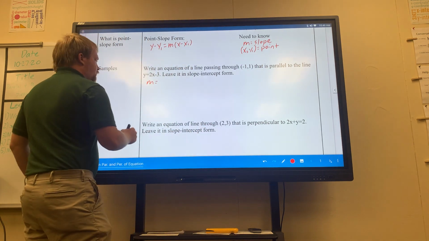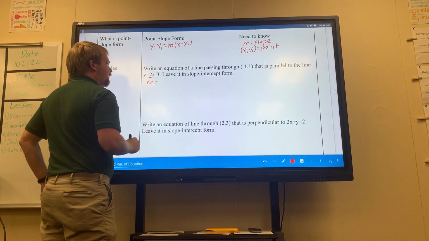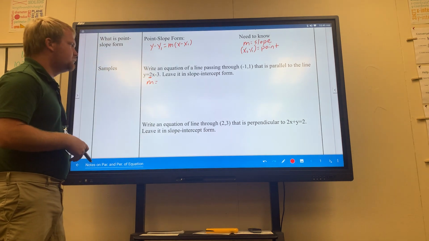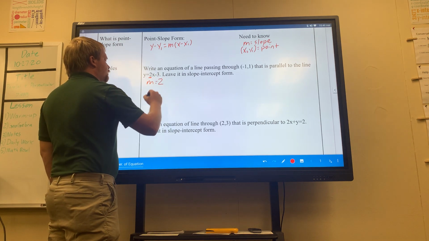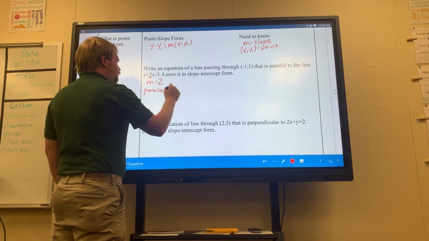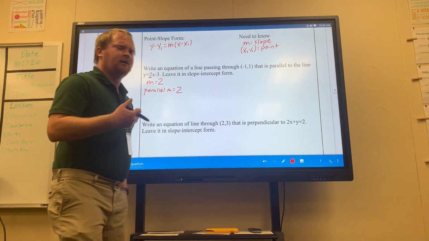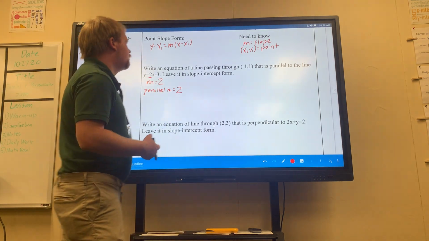The slope is the coefficient in front of the x, which happens to be 2. So my parallel slope m is 2.